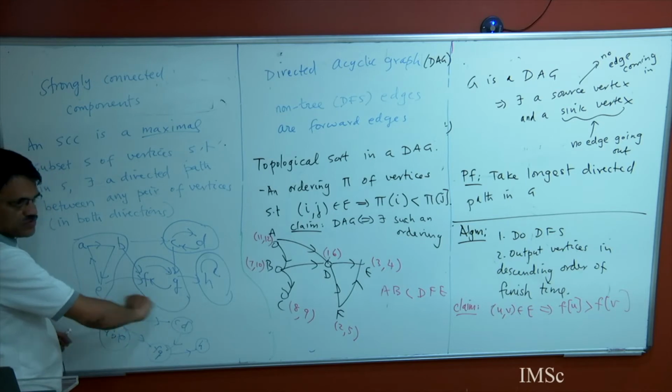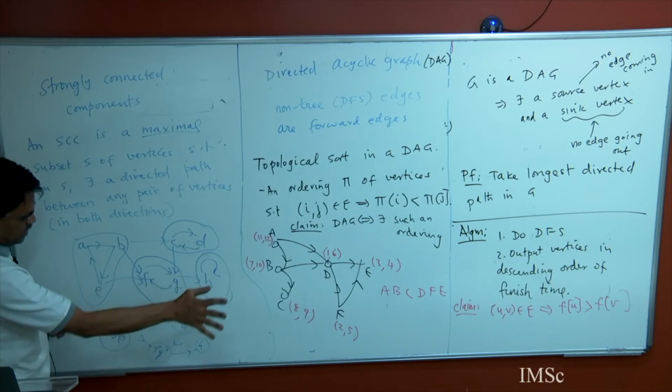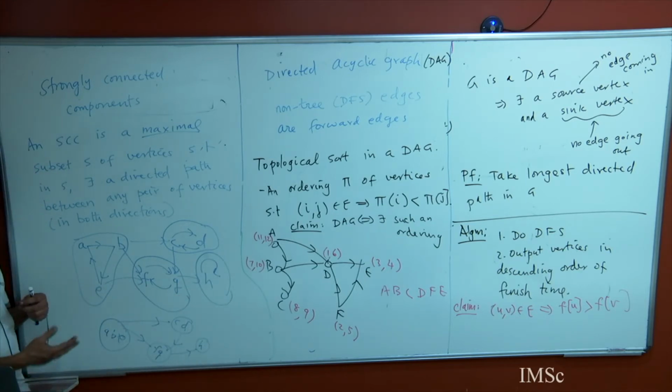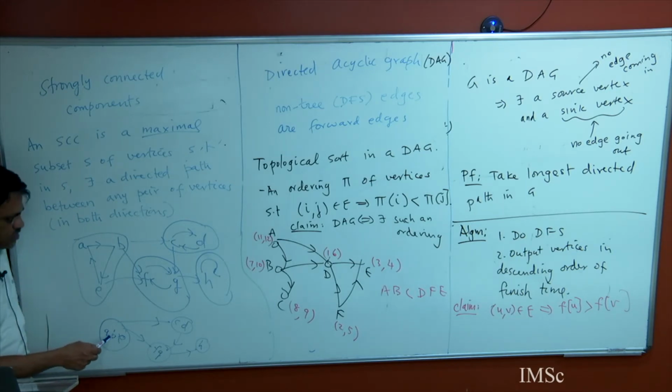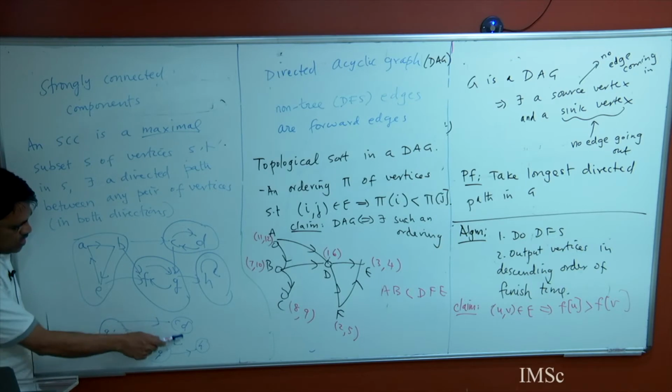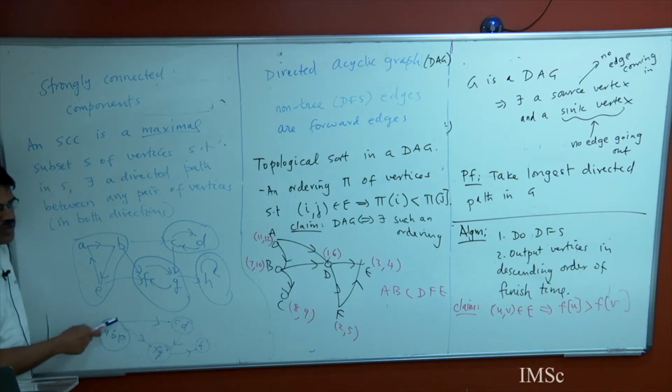Then we add that edge if there is an edge. Now that graph, I claim, is a DAG, a directed acyclic graph, for the same reason, because if you have a cycle like this, then I could combine all of them into one single connected component, and there will be paths between any pair of them.